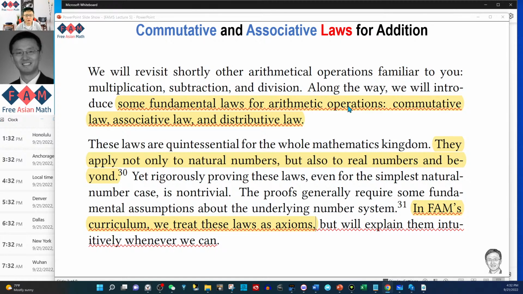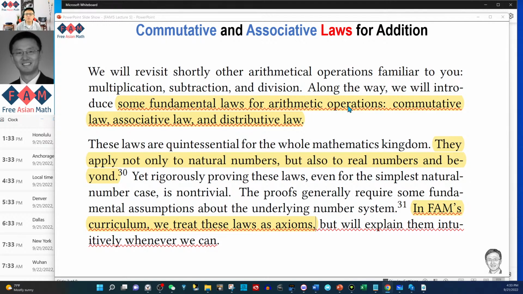That law involves two operations, addition and multiplication. But the commutative and associative laws apply to addition alone and multiplication alone. And it's not surprising that they work for both.